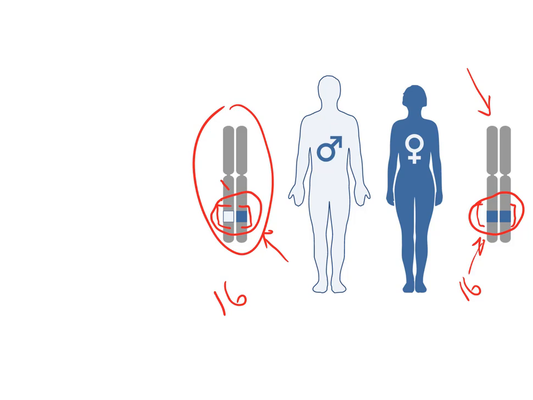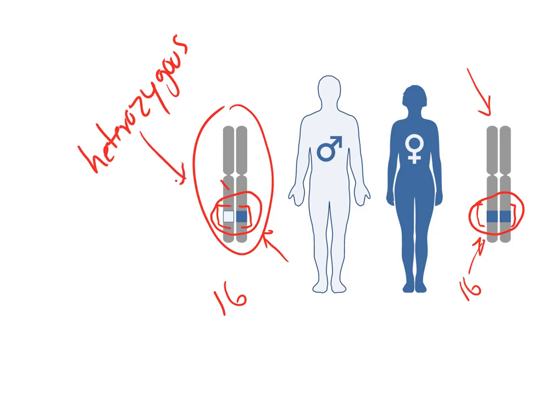So there's a name for that. When we have two alleles that are different, we say in this case that this person would be heterozygous for that allele.